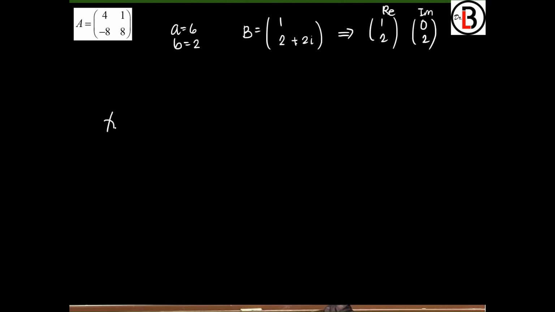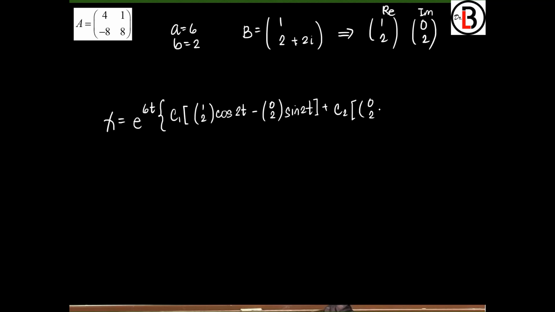Therefore, with this, I can say that my solution would then be e to the 6t, capital C1 times 1, 2, cosine of 2t minus 0, 2 sine of 2t, plus capital C2 times 0, 2 cosine of 2t plus 1, 2 sine of 2t, right?